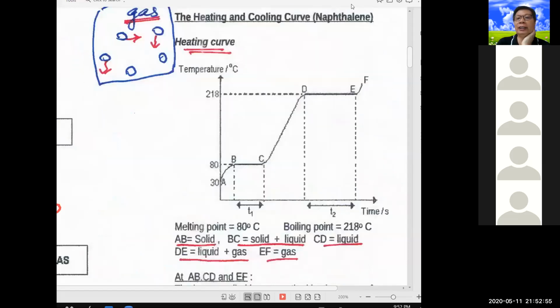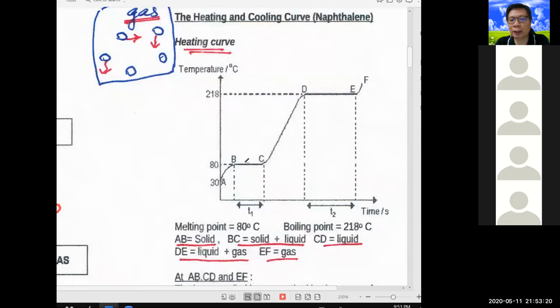Heating curve. Okay, see here. This one is a heating curve. You heat up something, and the temperature goes from 30 to 80. So here, heat up. Here is solid. A to B, solid: the temperature goes up from 30 to 80. 80 is the melting point.